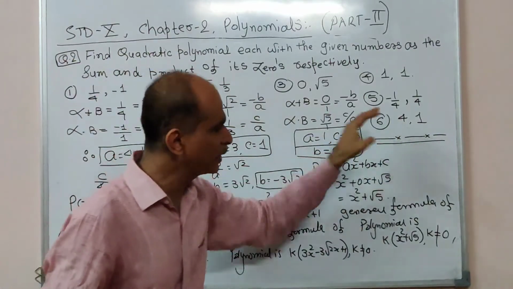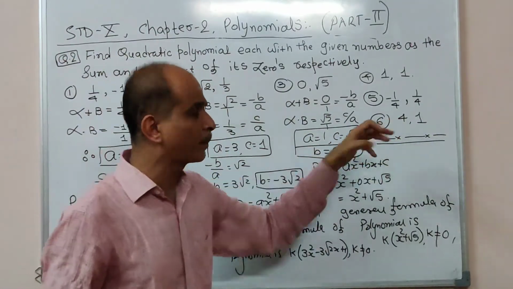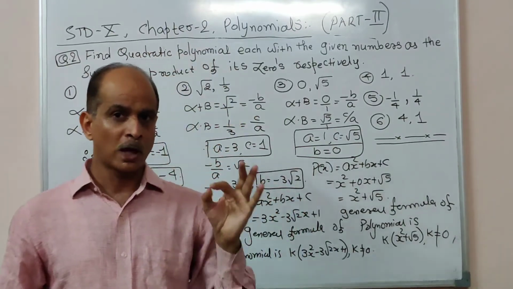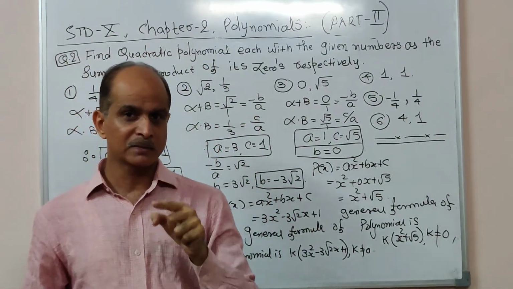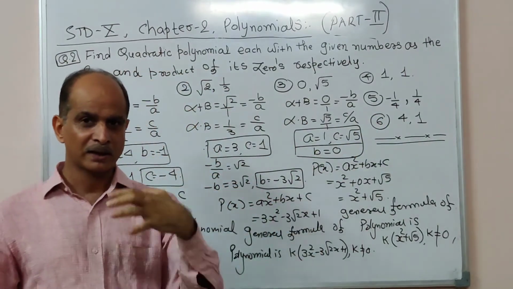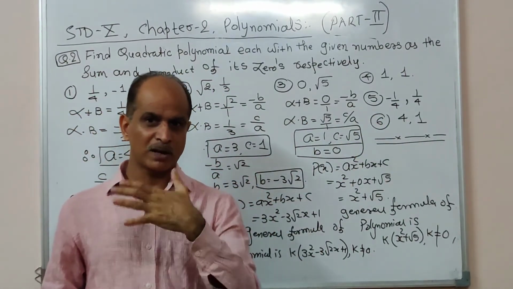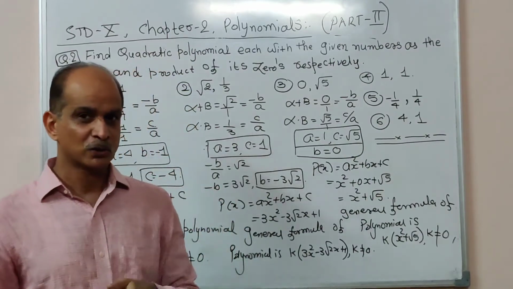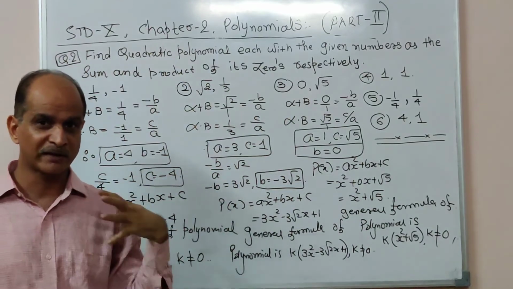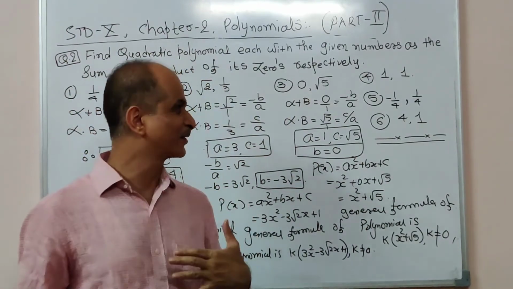The 6th example is also very simple. You know, alpha plus beta is equal to 4, so you can write 4 by 1. So alpha plus beta is equal to minus b by a is equal to 4 by 1. Similarly, alpha into beta is equal to 1, so it is equal to 1 by 1 is equal to c by a. So a is equal to 1 in the first ratio, a is equal to 1 in the second ratio, so you can take a is equal to 1.